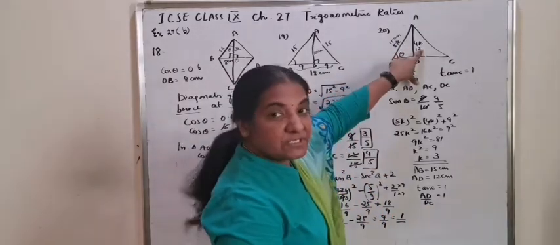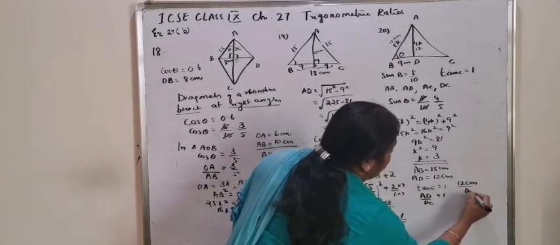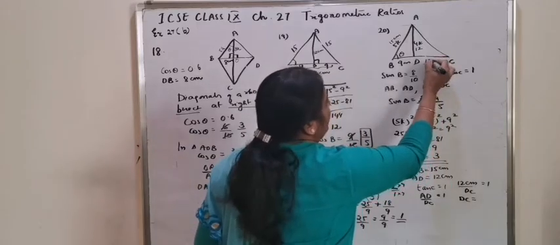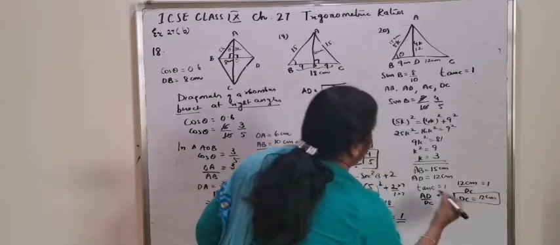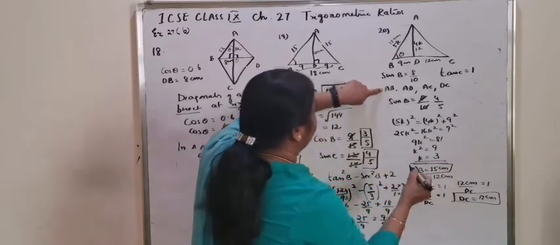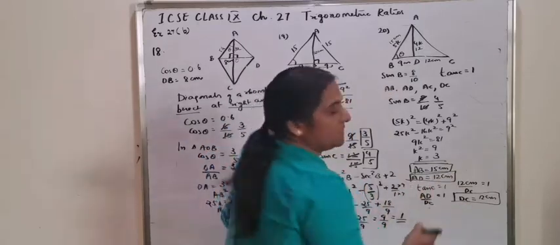AD value is 12 centimeter. 12 centimeter by DC is equal to 1 means DC value is also 12 centimeter. So you got the value of AB as 15 centimeter, AD as 12 centimeter, then DC as 12 centimeter.